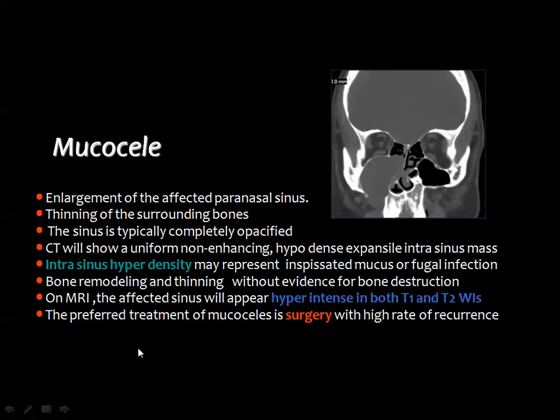Then the contents of the sinus, which is involved by a mucocele, is usually of fluid density and fluid signal intensity. If you inject contrast material, the lesion will show marginal enhancement, and this is very important to differentiate mucoceles from other lesions that may expand and destroy the sinuses.